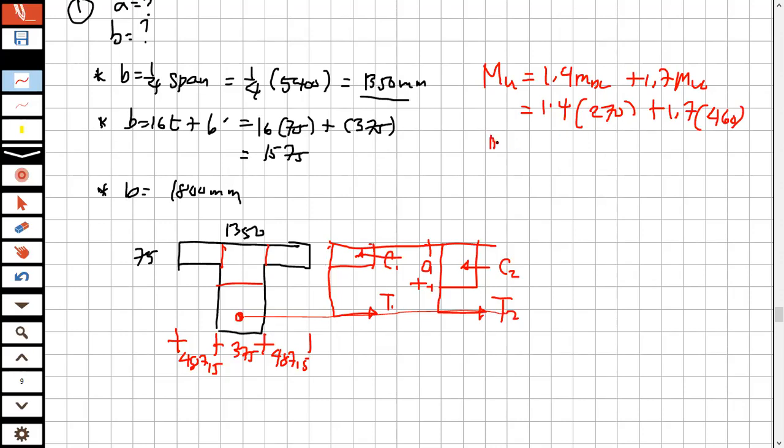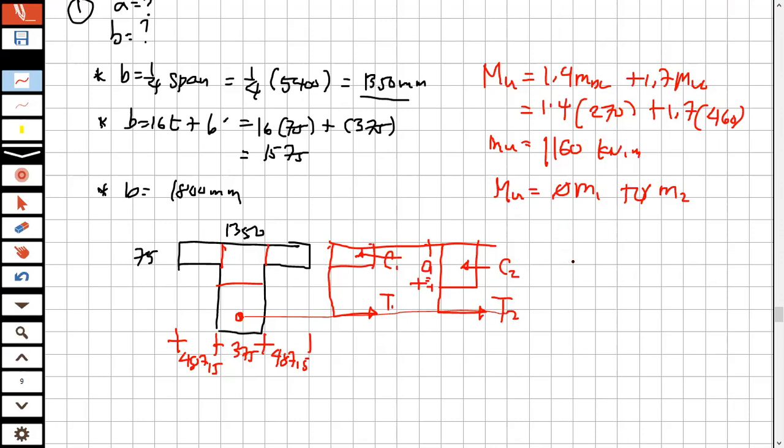Therefore, Mu is calculated to be 1160 kilonewton meter. We know that Mu is equal to phi M1 plus phi M2, because in M2 we can compute a. If we can calculate M1 and we have Mu, then we can calculate M2. So first we calculate M1.